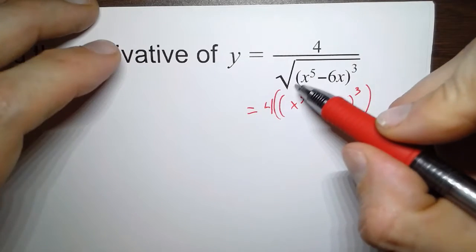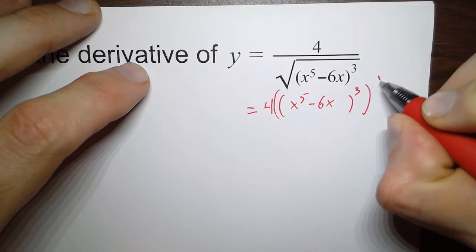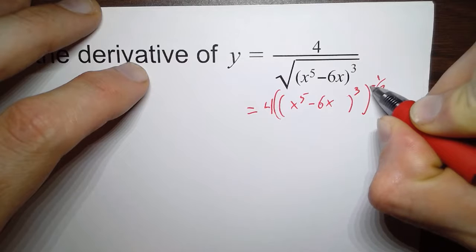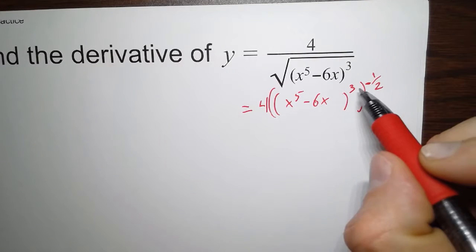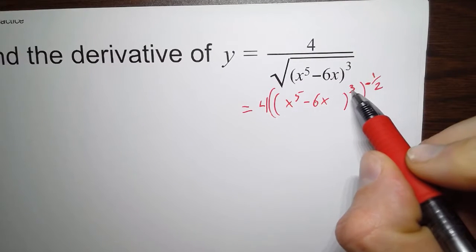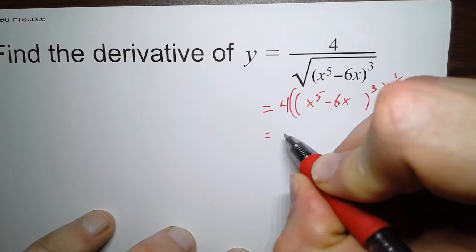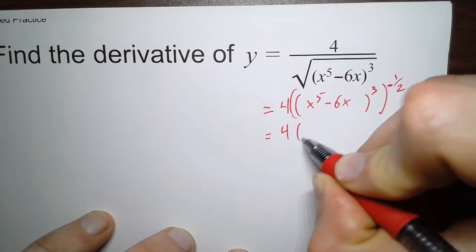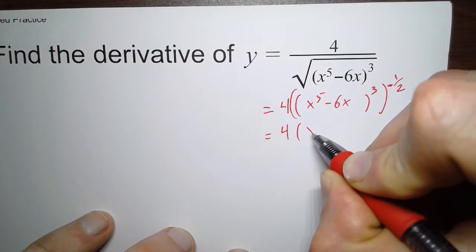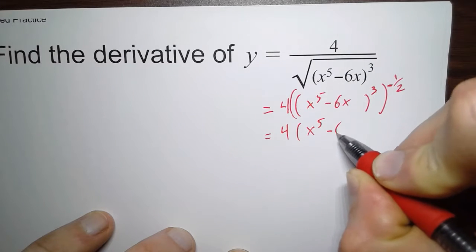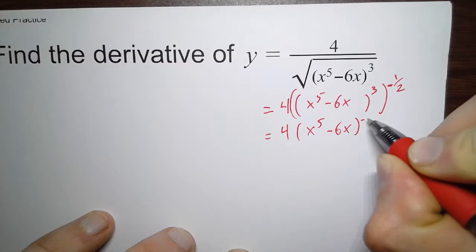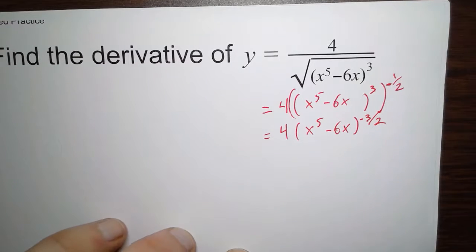Now it's a square root, so it's to the 1/2, but because it's in the denominator, it's a negative. So our two exponents here are 3 and negative 1/2. So let's combine them. So we have 4 quantity x to the 5th minus 6x, all of that to the negative 3/2.